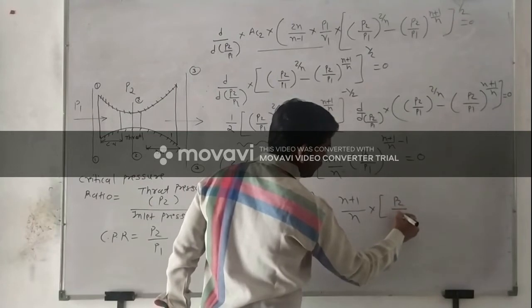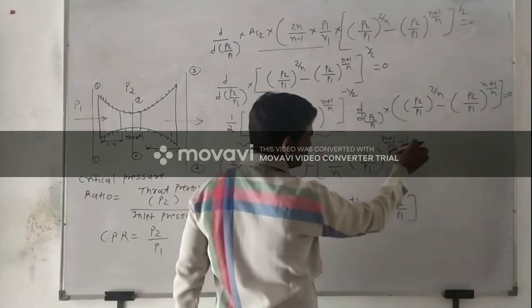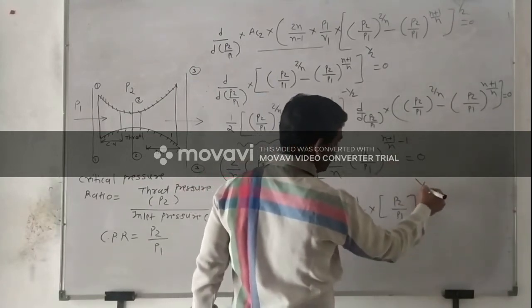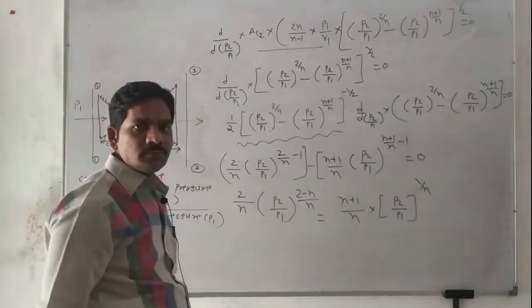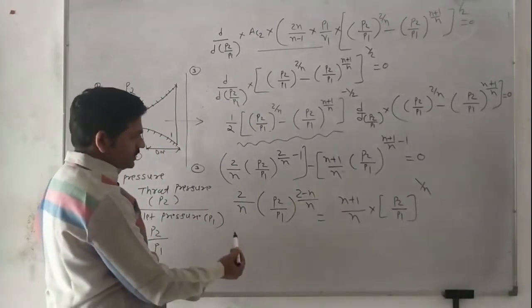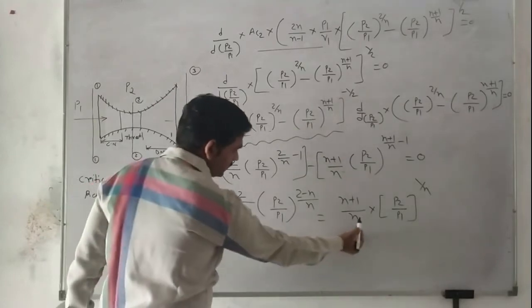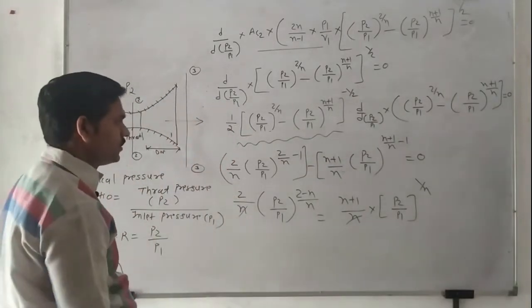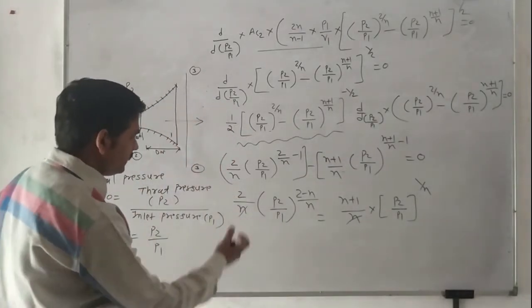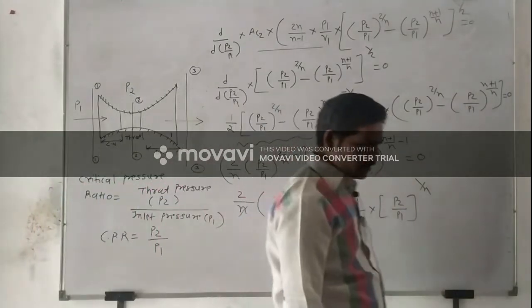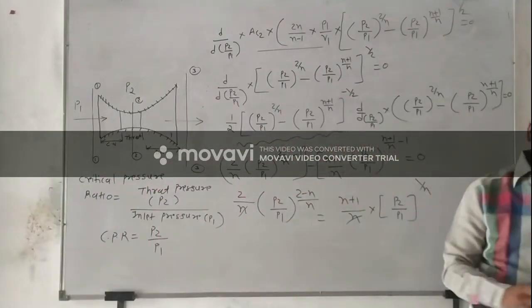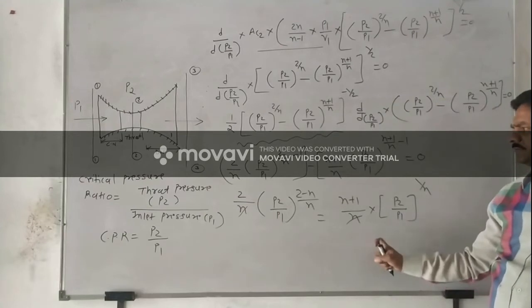(P2 upon P1). What is remaining? Guys, 1 by n. Then once again which term is cancelled? This n is cancelled. Yes or no? Yes. So what is remaining here? Tell me. P2 upon P1. What is remaining? Correct? Yes, solve this.